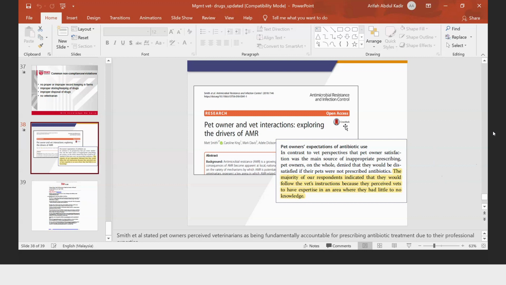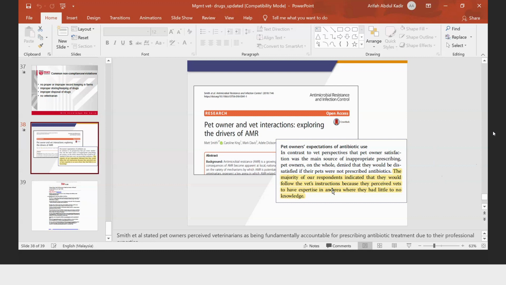But recently, one of my FYP students did work on pet owner and vet interaction on AMR. Based on the questionnaire, we found out that the majority of the respondents indicate that they would follow a veterinarian's instruction.